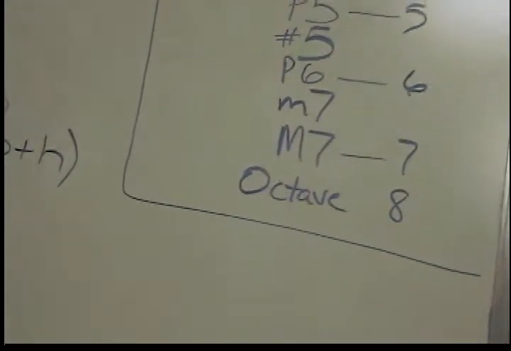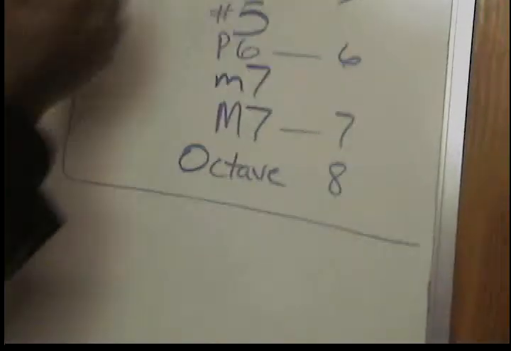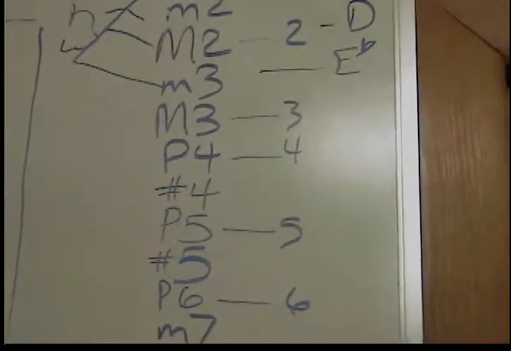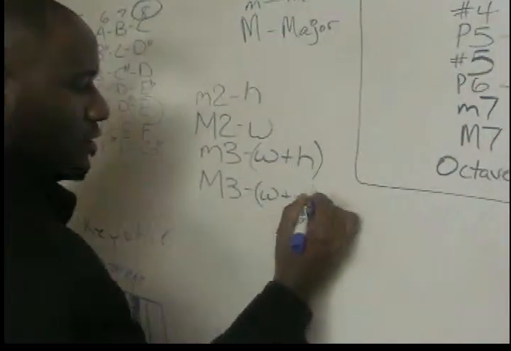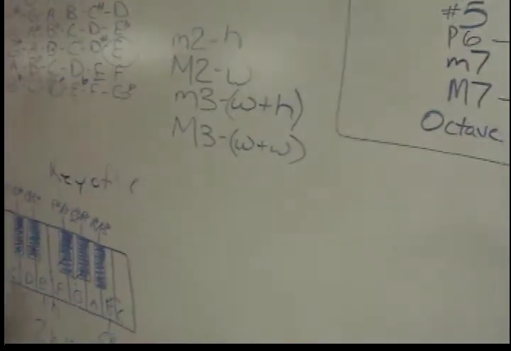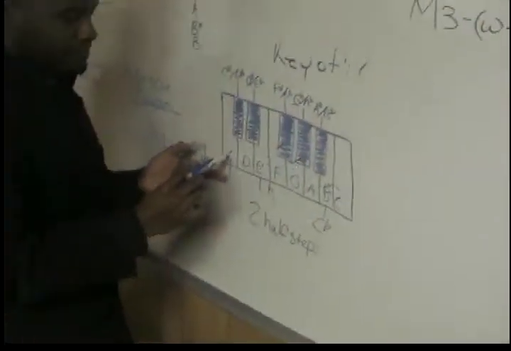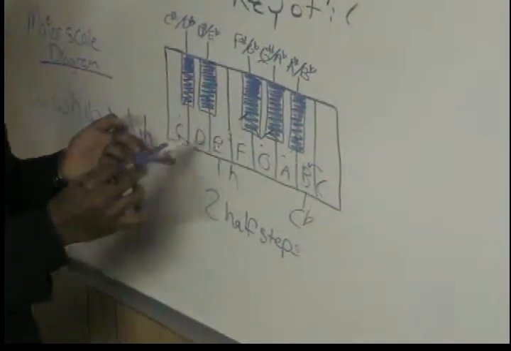Remember, we're growing as we go further. 4. We're at 4. So major third is 4 half steps. Now, since that is the case, our diagram would be whole plus whole. 2 half steps, 2 half steps. So our note would be what? From C, what is a major third?